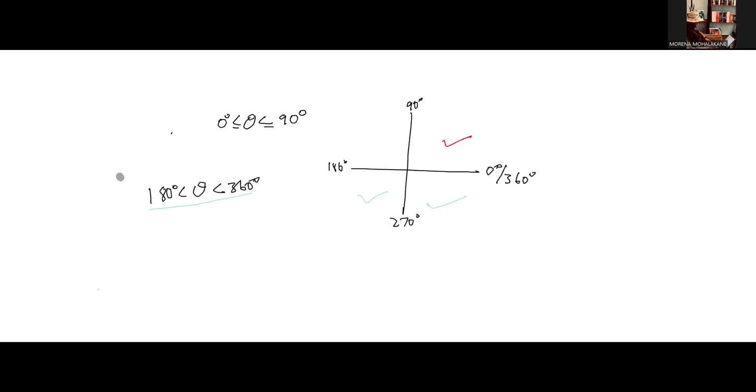Now, how do I identify in terms of the trig ratio? They can say to me cos theta is equal to -1, then say theta is between 0 and 180. This is what I'm given.